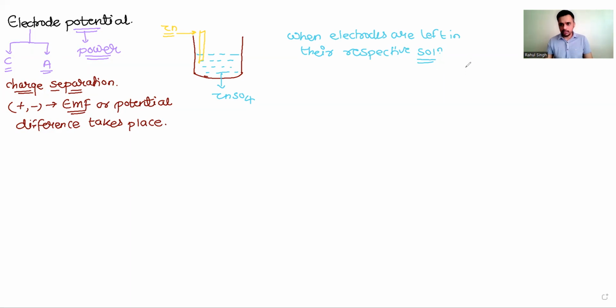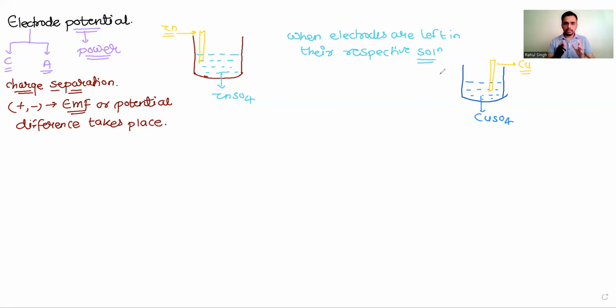Here I am taking one more solution, this blue solution, which is copper sulfate, and we dip a copper electrode in it. This is zinc and this is copper.